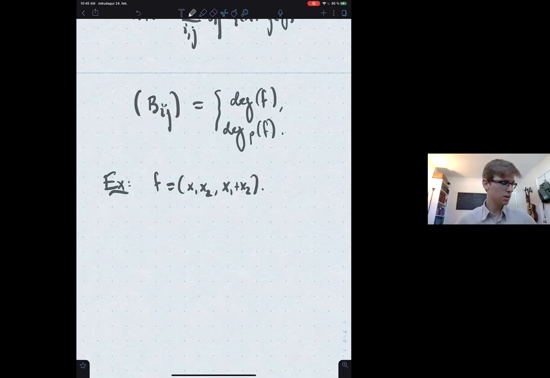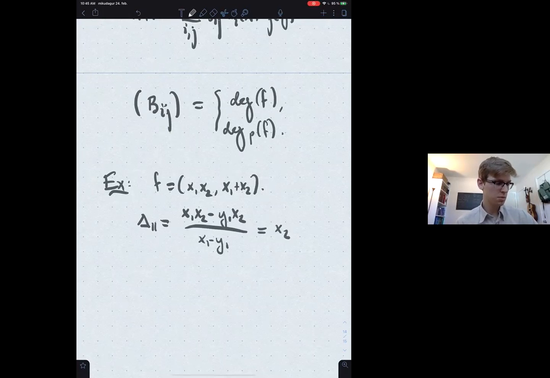And so I need to compute delta 1,1. And this is x1, x2 minus y1, x2 over x1 minus y1. This gives me x2. Similarly, this is y1, x2, y1, y2, x2 minus y2.